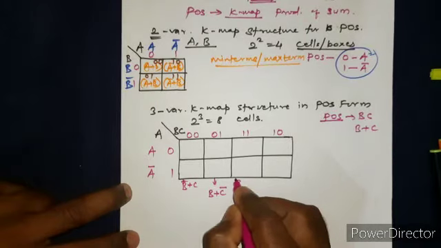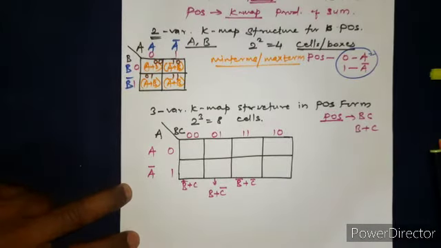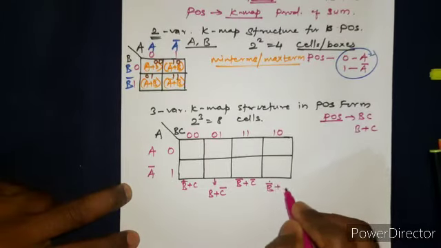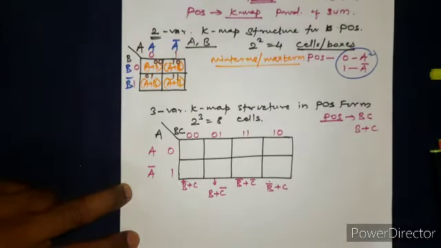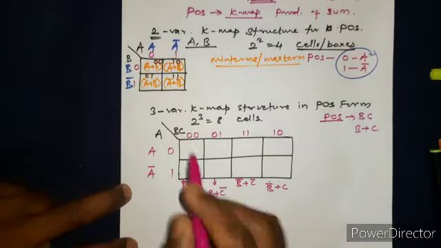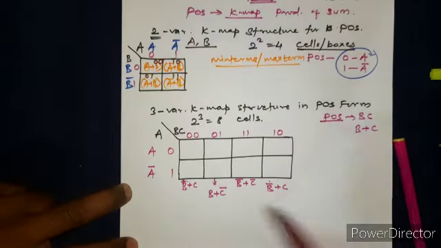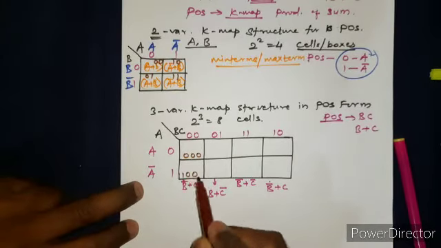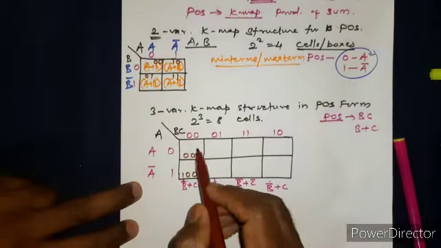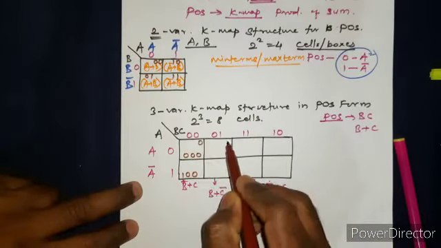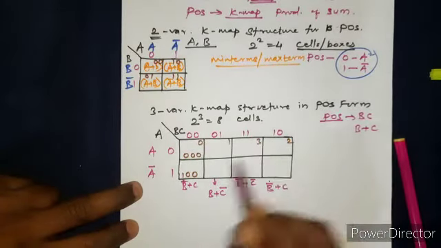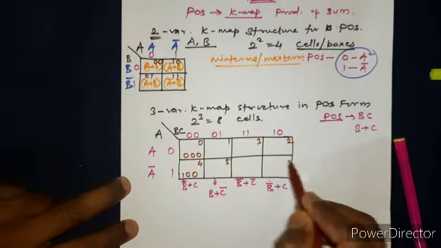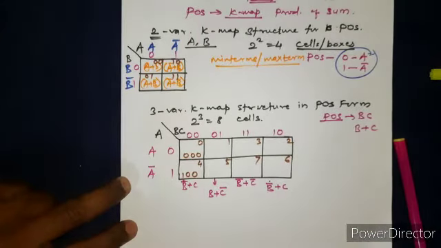This is B bar plus C bar, and this is B bar plus C. If you want to number the cells, this becomes 0 0 0, this is 1 0 0. From this you can clearly understand that these cells are 0 1 2 3, and this is 4 5 6 7.